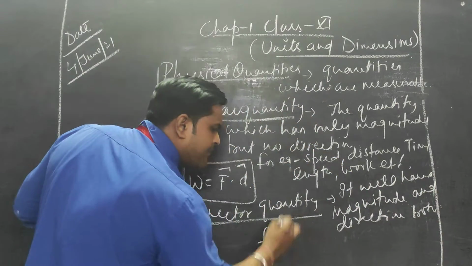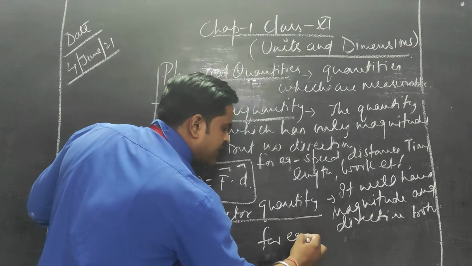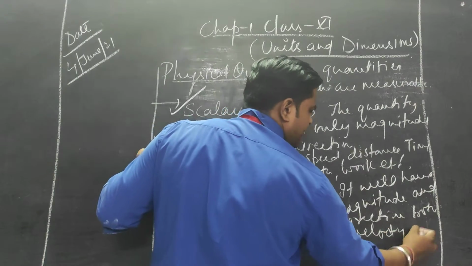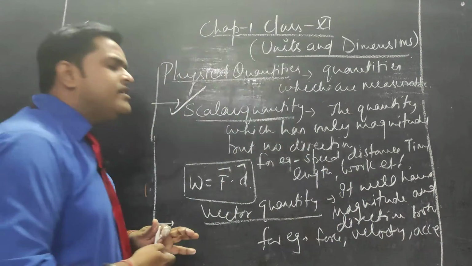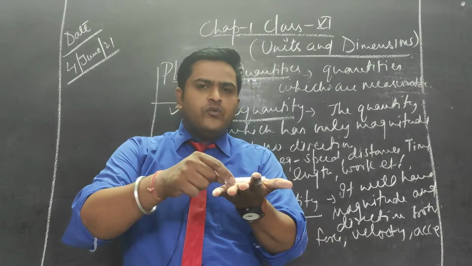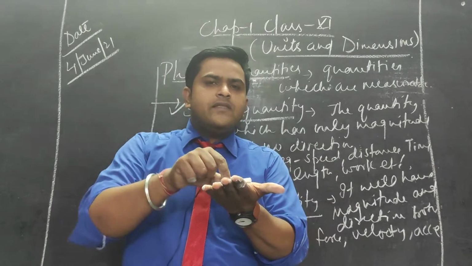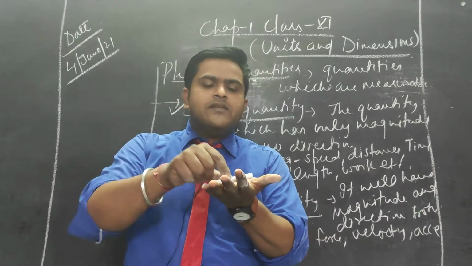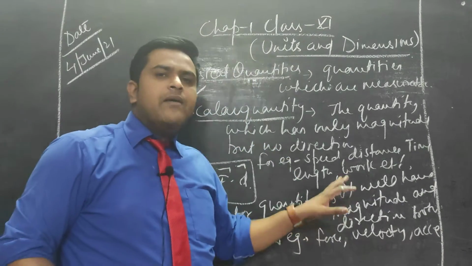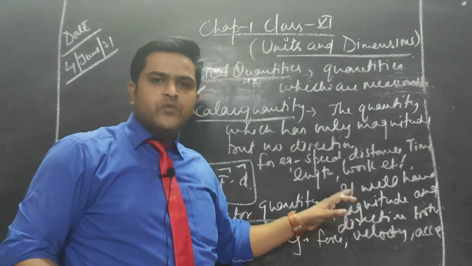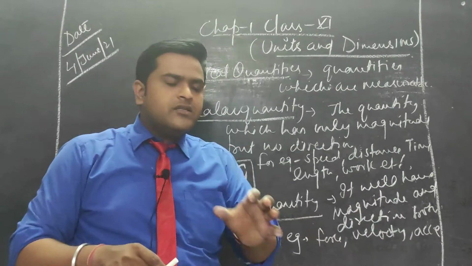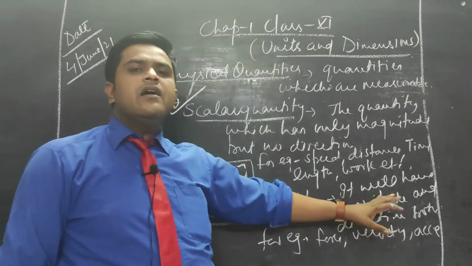For example, force, velocity, acceleration. In all these cases you can see, suppose I am having this chalk in my hand and I am just pushing it. So it will roll on my palm. It is rolling because of the force being applied by me. So I am applying a force, that means some magnitude of force is applied on this chalk, and it is moving in some particular direction. So this shows that it's a vector quantity.